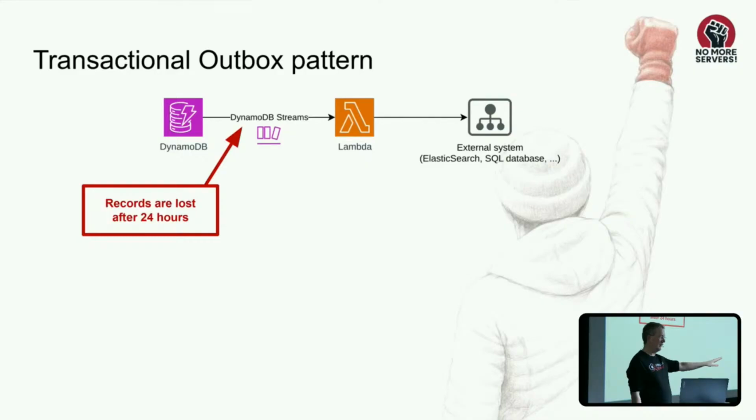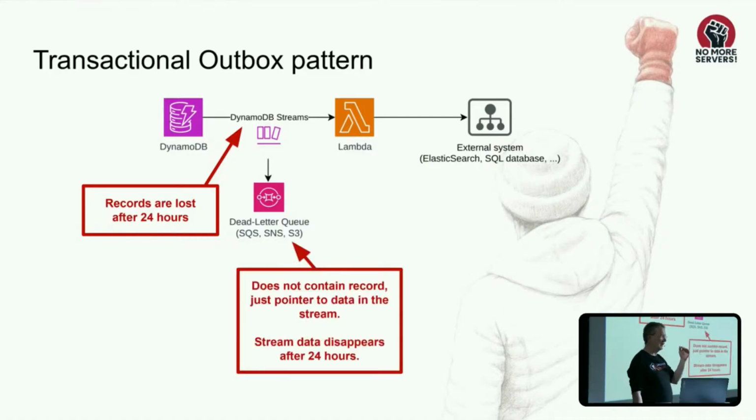Well, there's a simple solution for that. Add a dead letter queue. But there is a catch. If you use SQS and SNS, those messages in that dead letter queue don't contain actual data, just a pointer to DynamoDB stream. And yes, DynamoDB stream is gone after 24 hours.